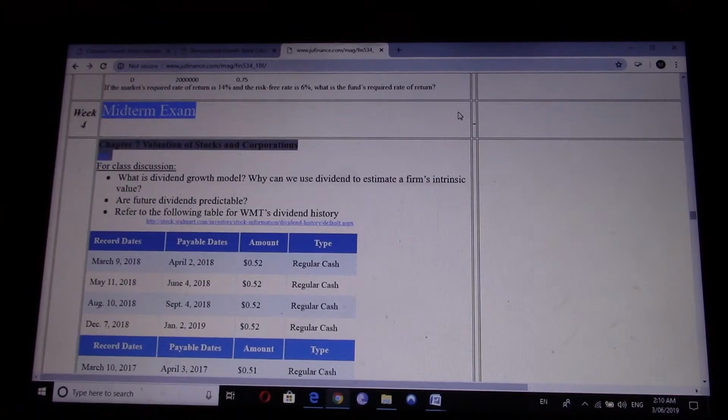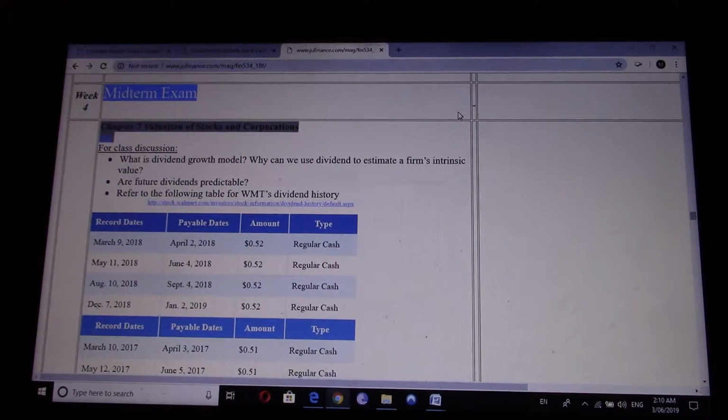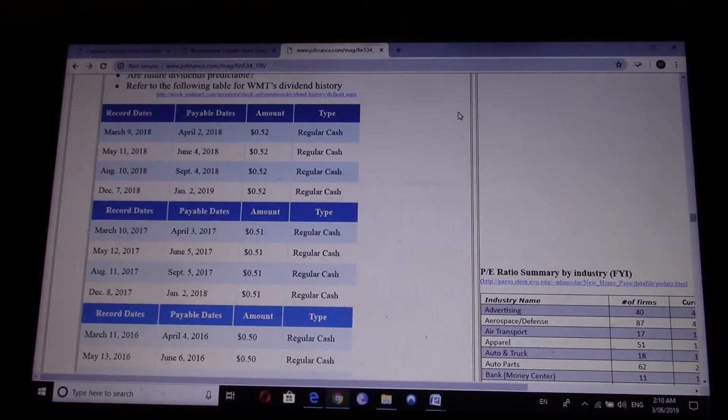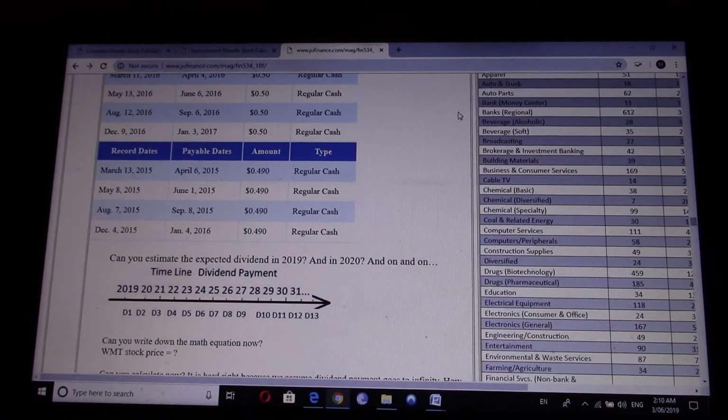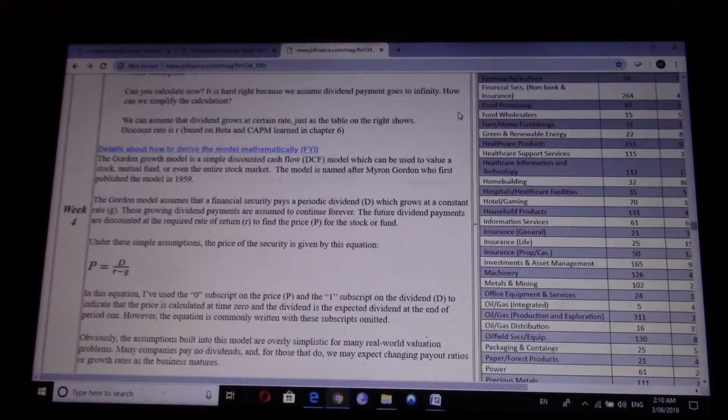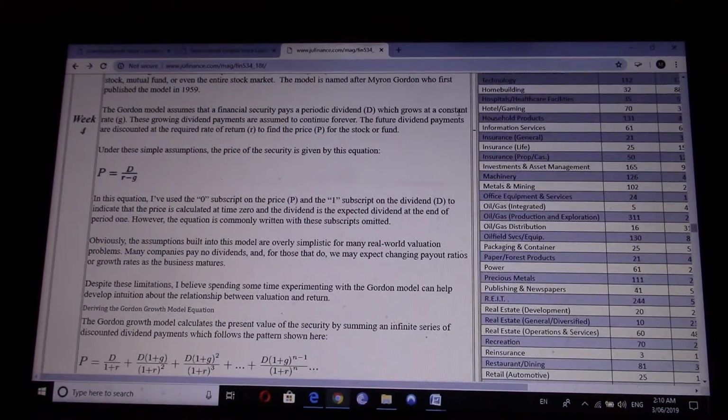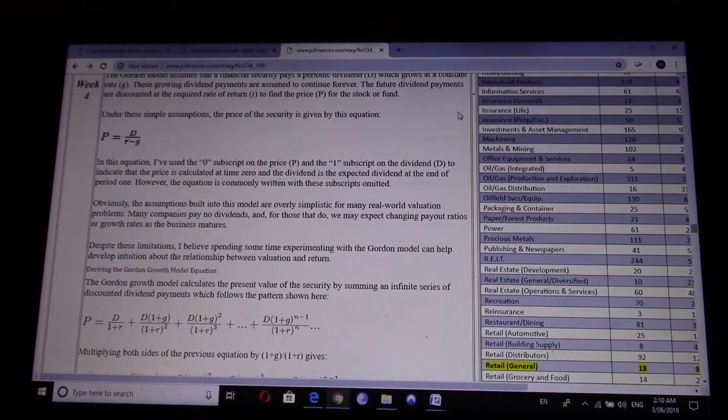For stock valuation, the only information we can get is just dividend, so we can assume the dividend growth rate is constant. If we make this assumption, the dividend will be known.